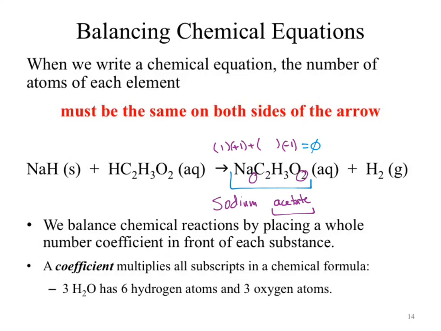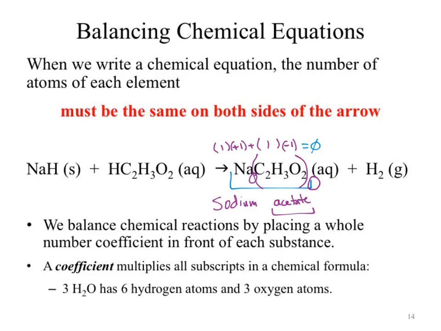The 2 is as much a part of the name of acetate or the formula of acetate as the N, or the A is part of the name or formula for sodium. Okay, so when we're looking at our acetate, what we're really saying is parentheses, what is this number? Which conveniently circled 1. When we go through and do that math, we verify that our formula is actually correct. What if our formula was incorrect?